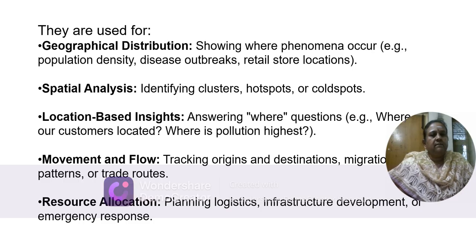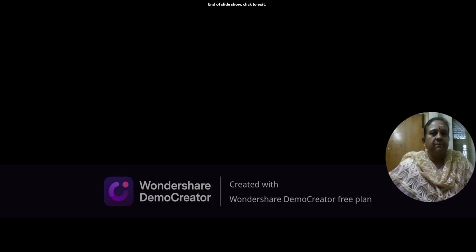Movement and flow, tracking the origins and destinations, migrations and patterns, or trade routes, using maps could be easier than other forms of data. The readability becomes much easier, and resource allocation, which is planning for logistics, infrastructure development, or emergency response, could be easier when shown in the form of a map.